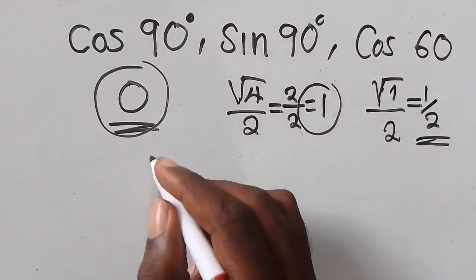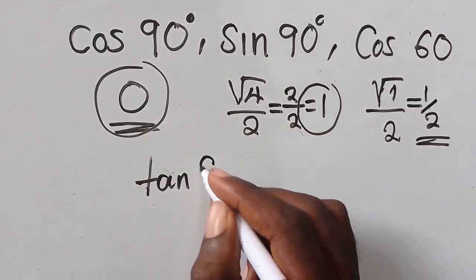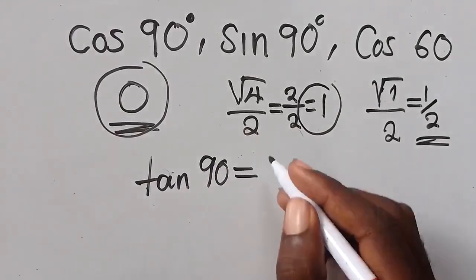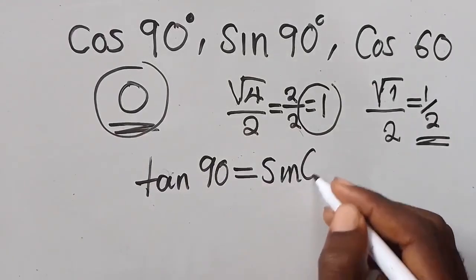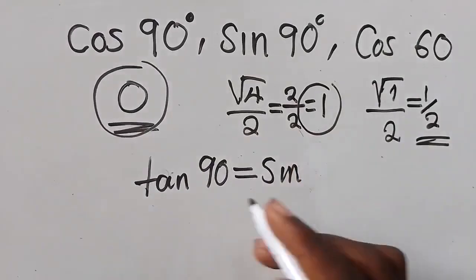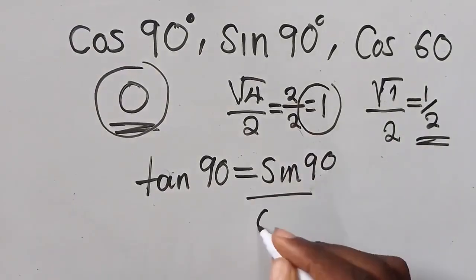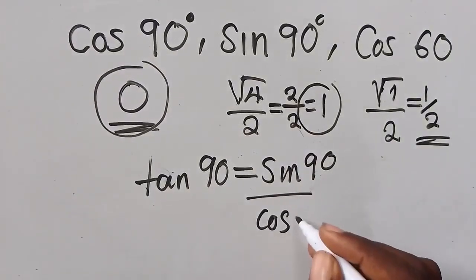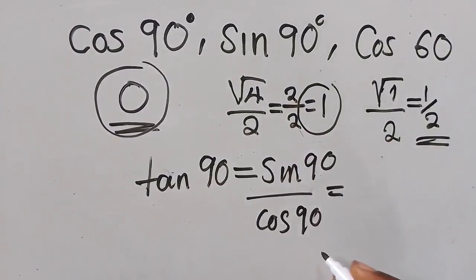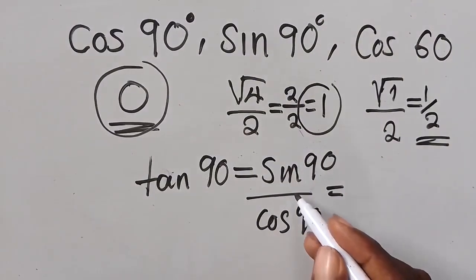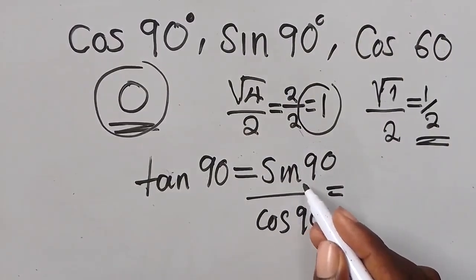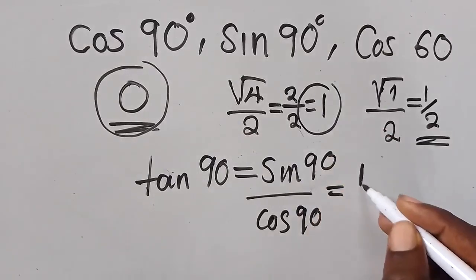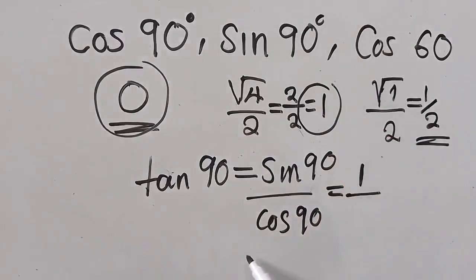Let's say you want to find tan 90 now. Tan 90. The formula for tan is sine over cos. So tan 90 is sine 90 over cos 90. Sine 90 gave us 1. Over cos 90.